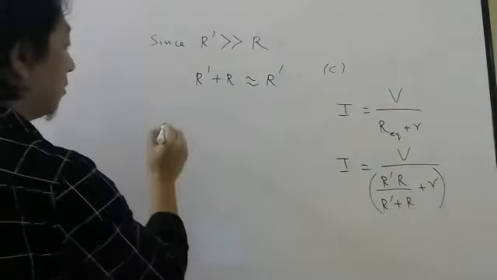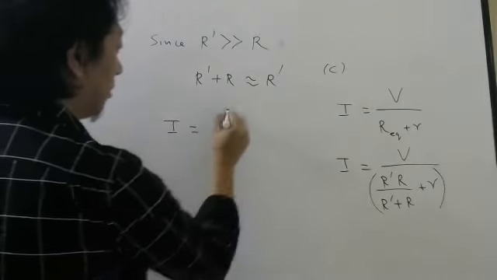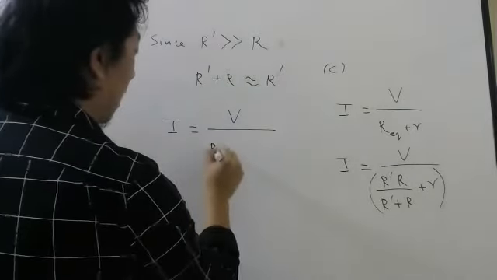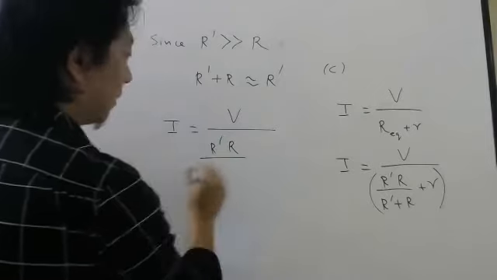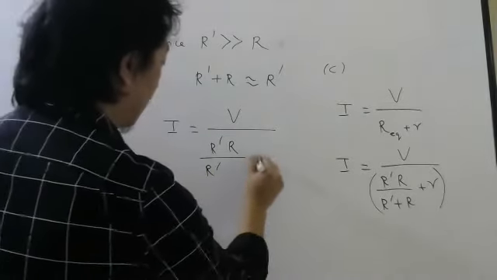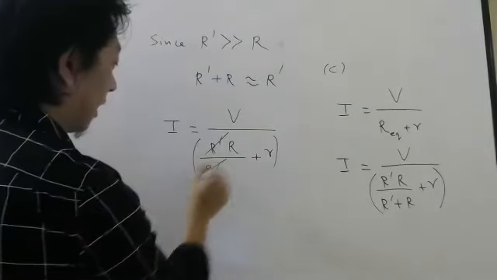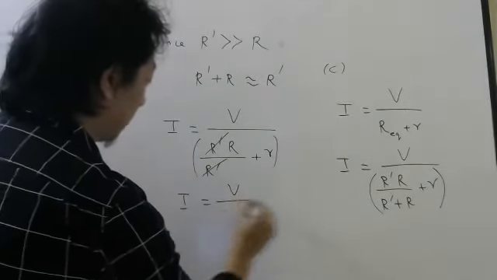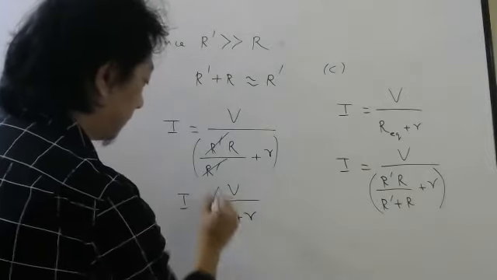So I will be equal to V by R dash R by R dash plus R. So R dash cancels. So V by R plus r.